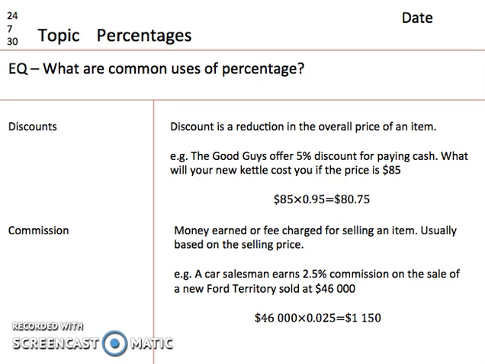Make sure you're really careful when you're doing this and ensure that your 2.5% is shown correctly as 0.025. If you get those decimal places wrong, you will end up all out of whack and you'll get the answer incorrect. In this case, we find out that the salesman will earn $1,150 for selling that new Ford Territory at $46,000.